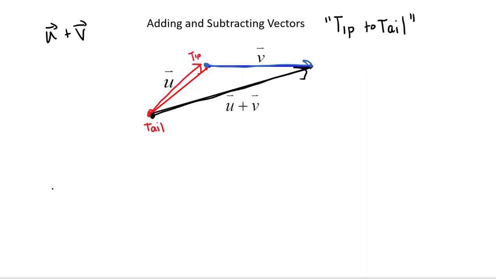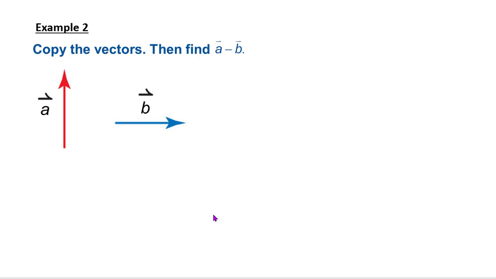Say, for example, and I'll use the vector that I have there, u is going in that direction. Negative u is the same angle, same length, just opposite direction. So here we want to copy the vectors and find a minus b. We start here; you can start anywhere in your plane.